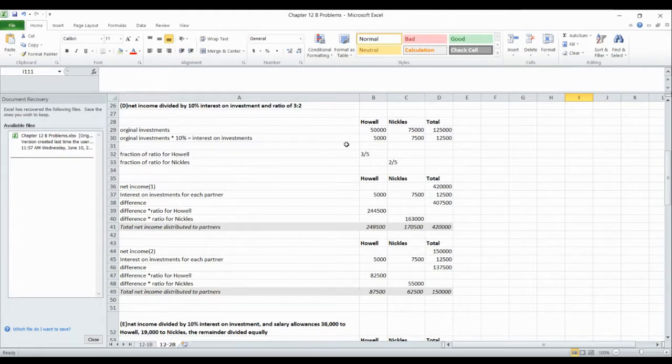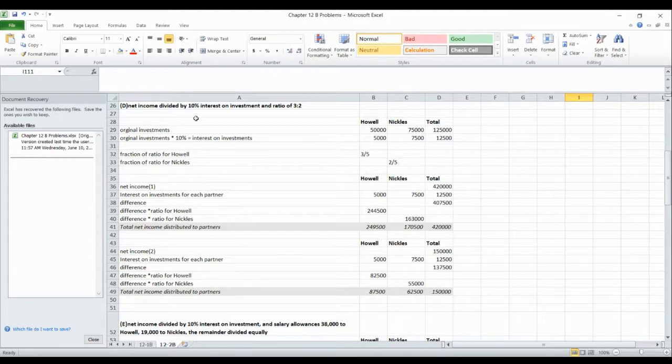The original investments were given in this particular problem. Hal invested $50,000 and Nichols invested $75,000. Remember, their total investments were $125,000.